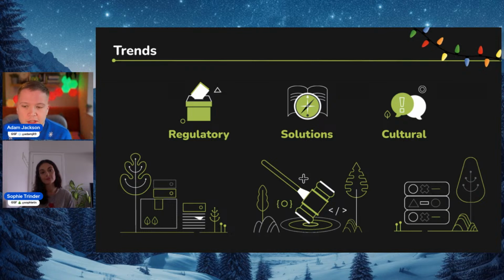From a solutions perspective, the main cloud operators, including Amazon, Google, Microsoft, also IBM, all now have cloud carbon dashboards, and Google, Microsoft, and Apple are also implementing carbon aware computing.